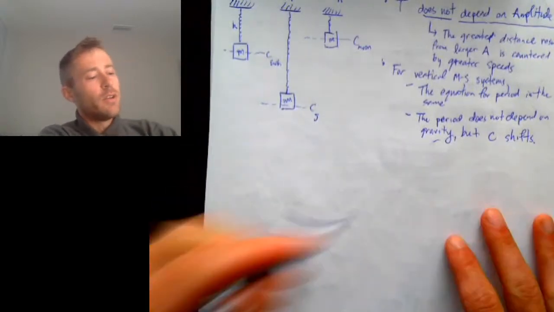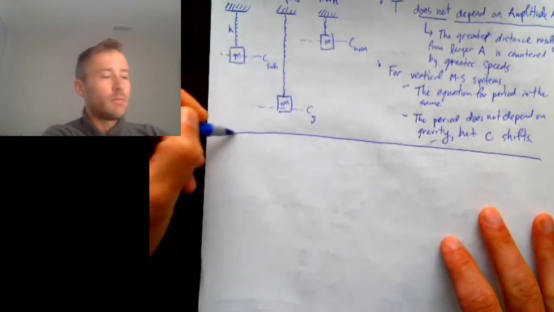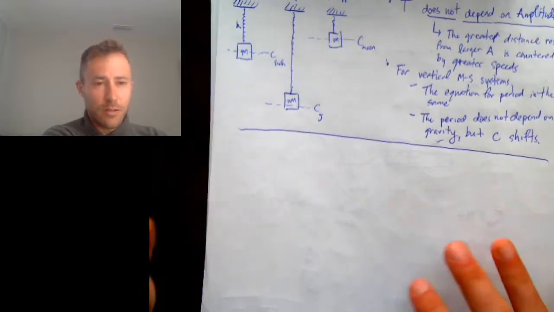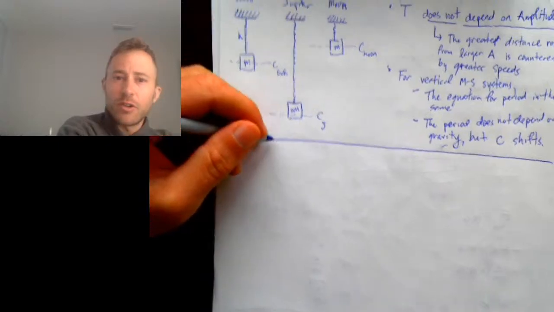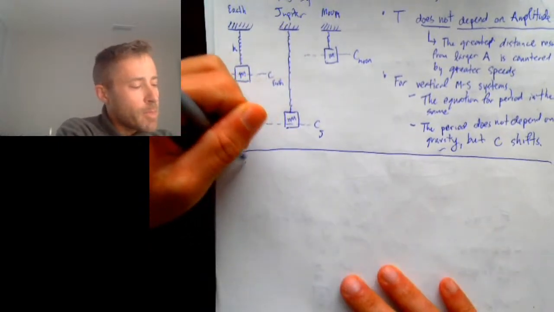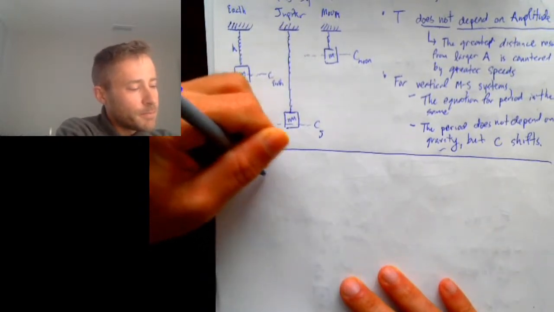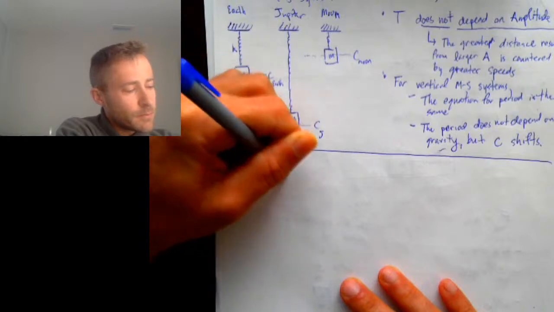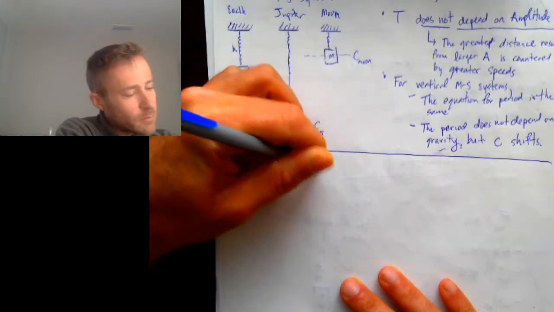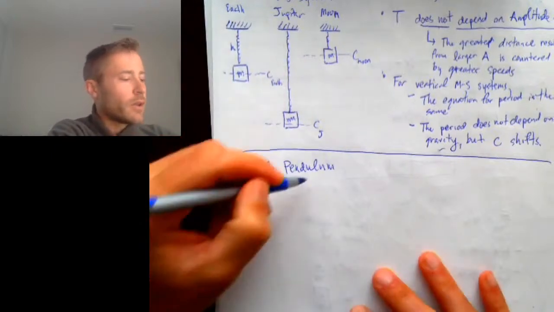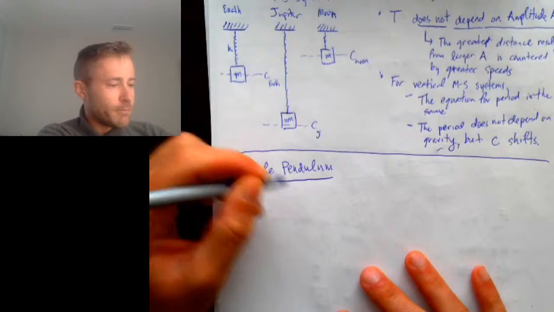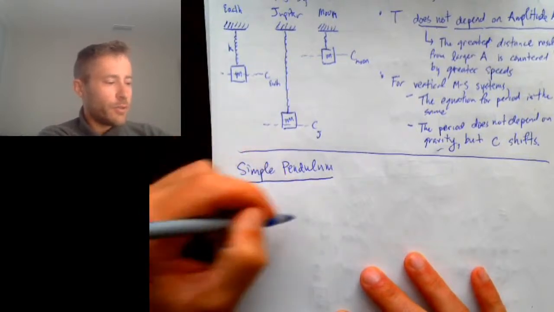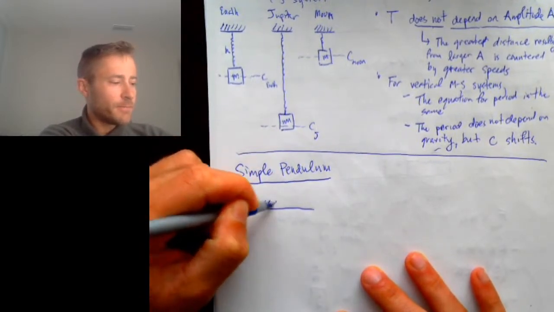And then there's a second simple harmonic motion system that I want to study, which is called the simple pendulum. Okay, and the simple pendulum is basically a string.